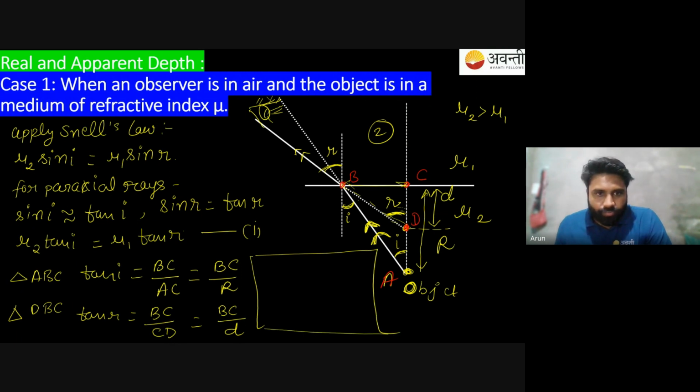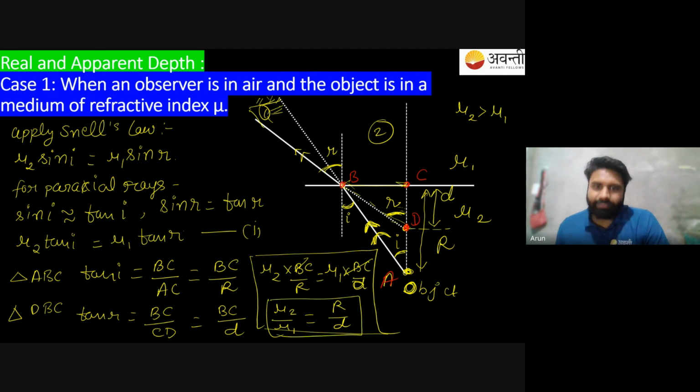Okay. So mu2, put the value of tan I. Tan I is BC over R. Mu1, what is the value of tan R? It is BC over D. BC and BC will cancel out. So we will have mu2 by mu1 as R over D. So this is the formula that we have. Okay. Got it? Mu2 by mu1 is equals to R by D.